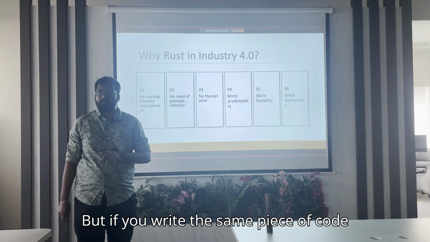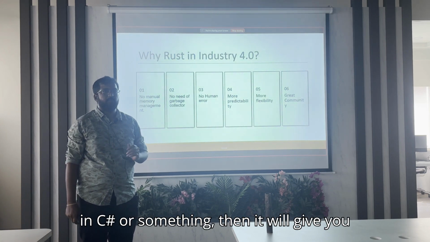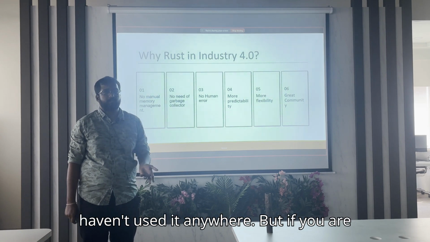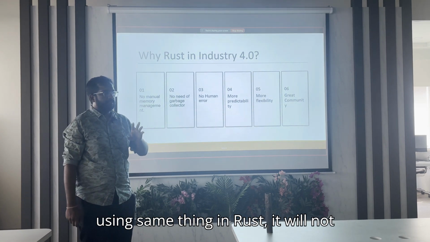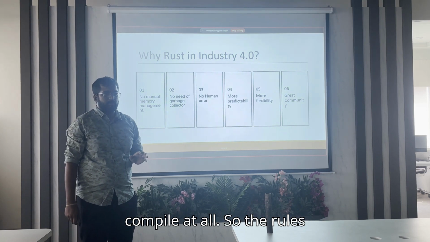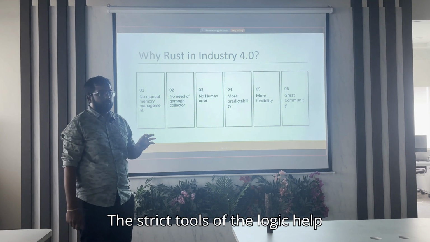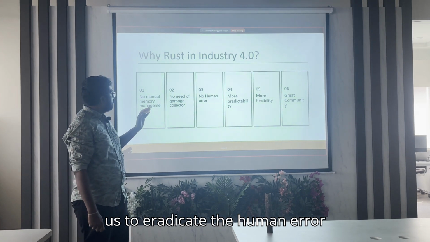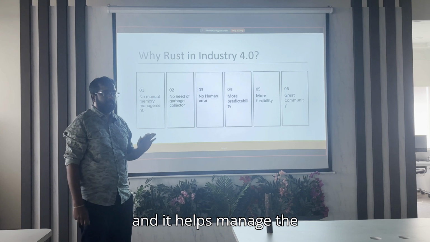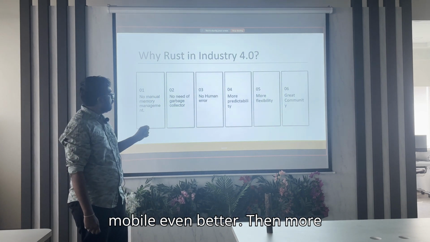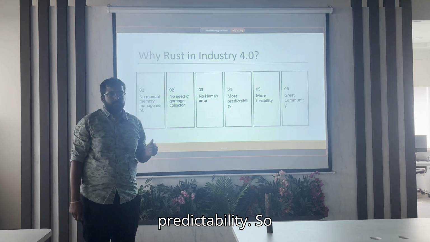But if you write the same piece of code in C# or something, it will give you a warning that you have declared a variable, initialized it, but haven't used it anywhere. But if you do the same thing in Rust, it will not compile at all. So the strict rules of Rust help us eradicate human error, and it helps manage the memory even better.